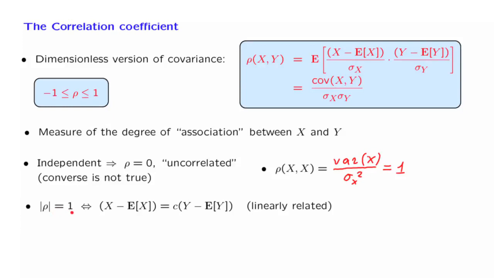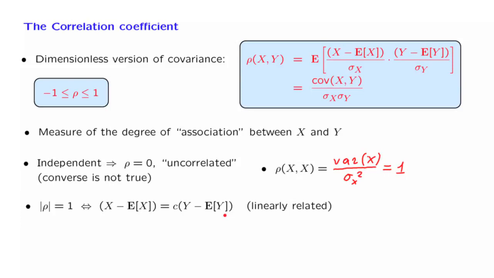And the converse is true. If the correlation coefficient has absolute value of 1, then the two random variables obey a deterministic linear relation between them. So to conclude, an extreme value for the correlation coefficient of plus or -1 is equivalent to having a deterministic relation between the two random variables involved.